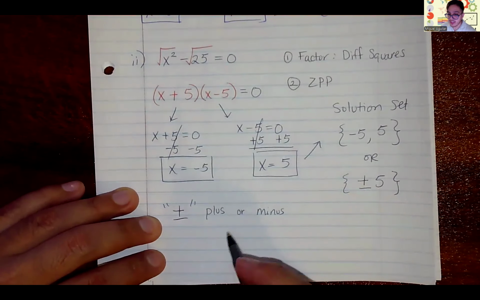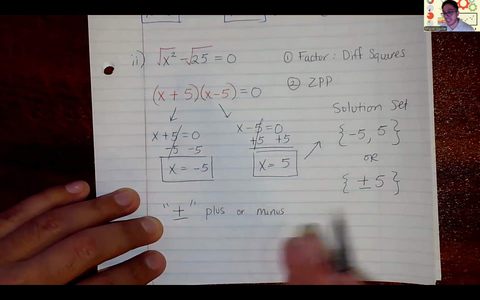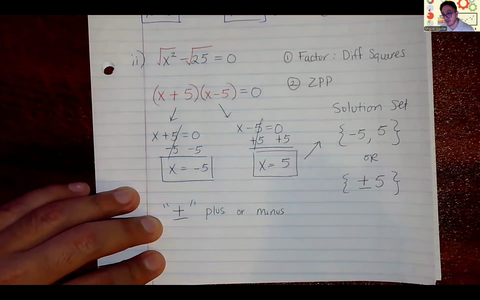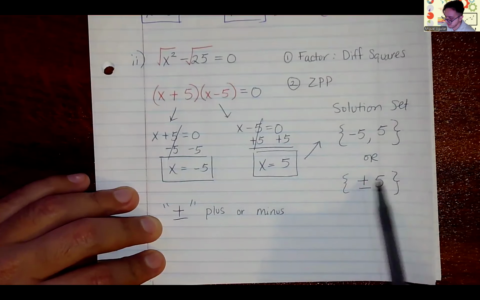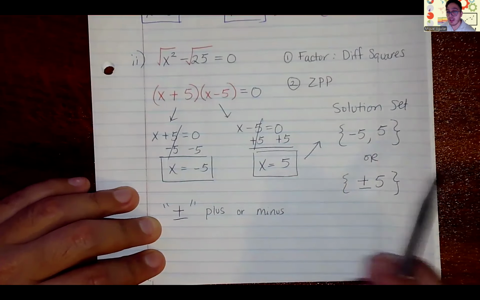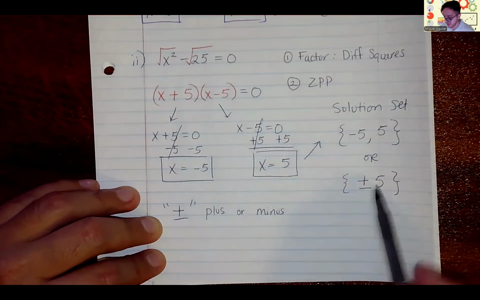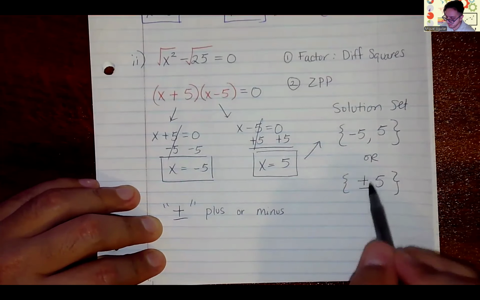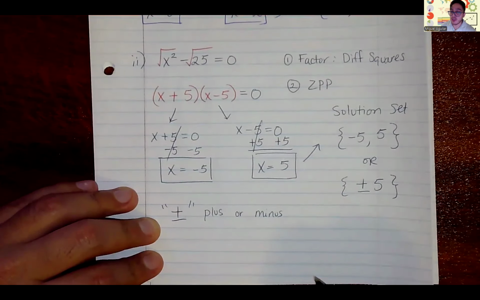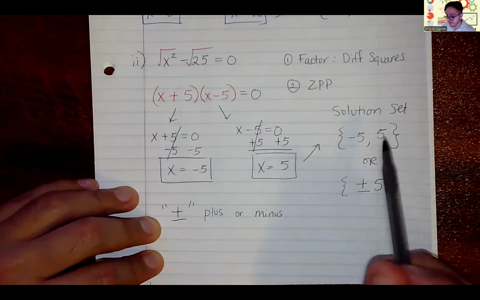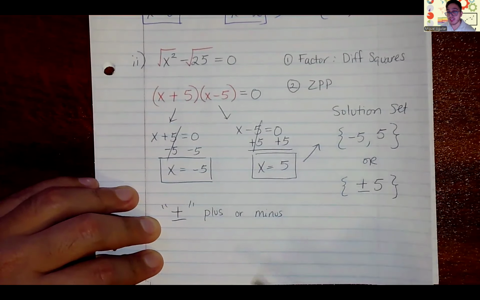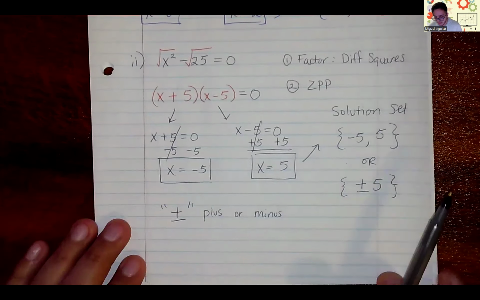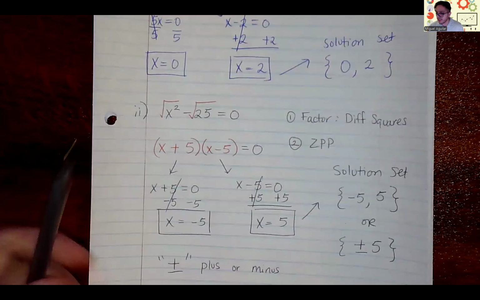You could think of it as just positive or negative this number, right? So you might read this as positive 5 or negative 5 are your solutions. And so if you see this in the homework platform, this button for a plus or minus, you could make use of that if you don't want to type out negative 5, comma, positive 5. Okay. So there's a little bit to be aware of there.